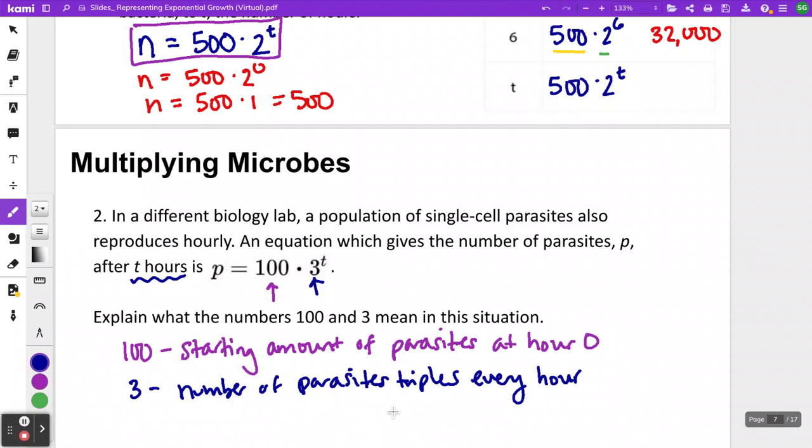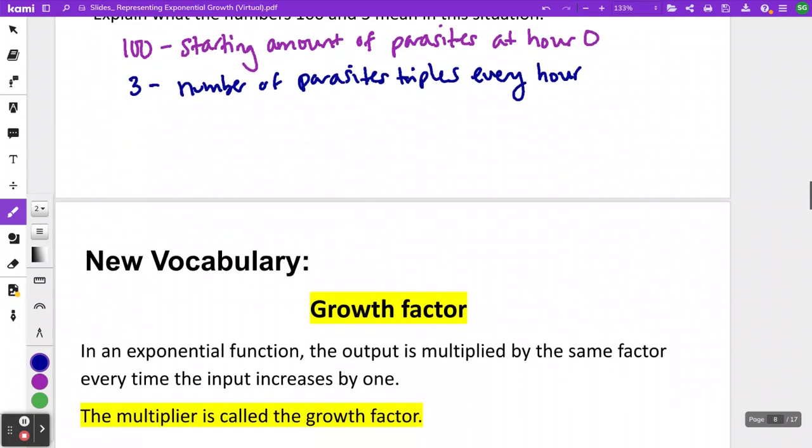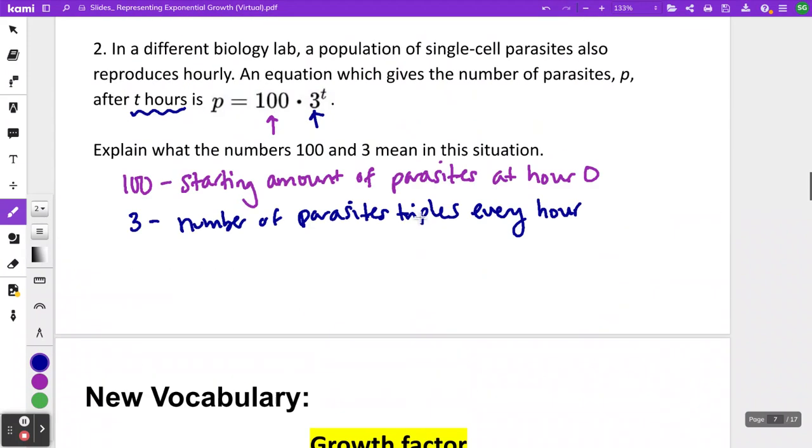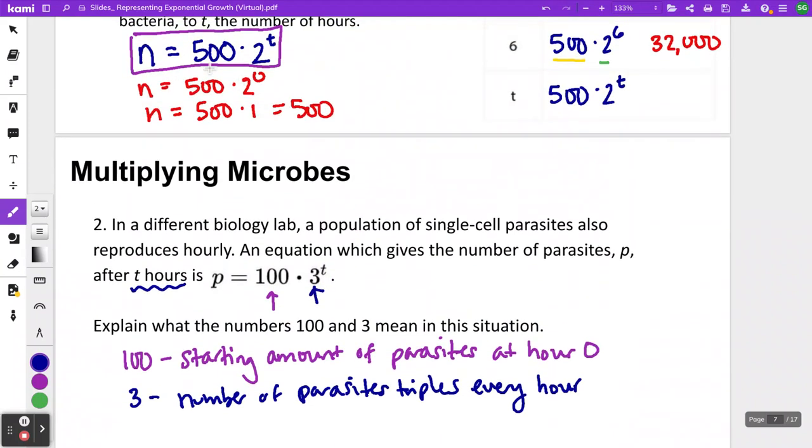So I like these 2 questions because we get to practice going both ways. Me giving you a story and you writing an equation, or me writing an equation and you putting together what the story was. Both of these here, what we are focused on is the growth factor. Those are one of the 2 things we need to write and understand the equations. And the growth factor, I'm going to point out what it was in these 2 equations first.